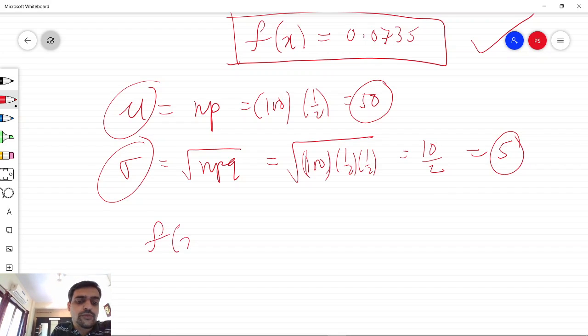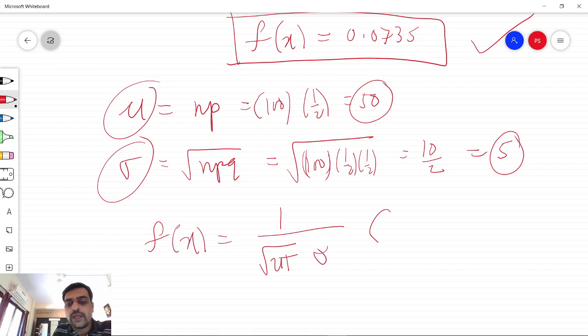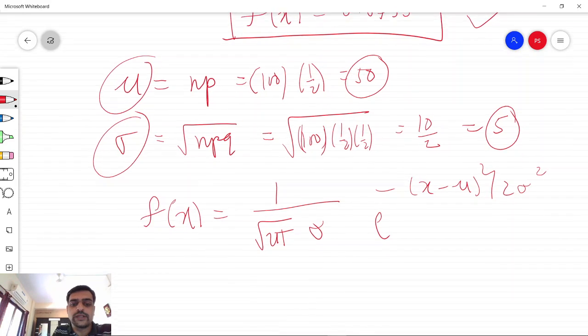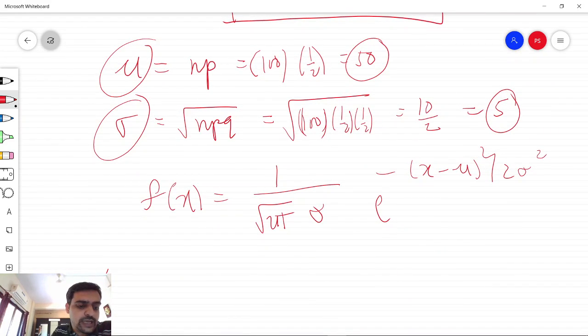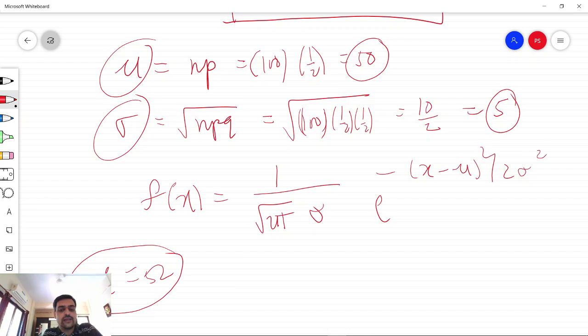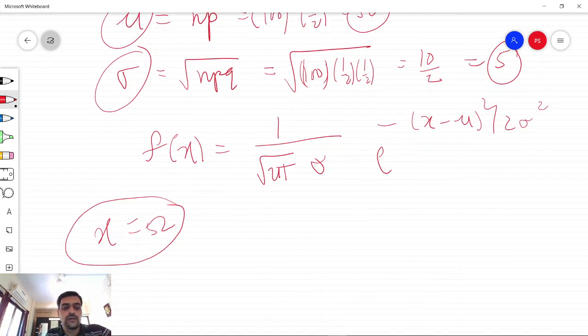And the Gaussian distribution, as we know, is f of x equal to 1 upon root 2 pi sigma, e raised to minus x minus mu bracket squared upon 2 sigma squared. So let us just substitute for mu and sigma and x. Our x value in this case is 52, because we are asked to find out the probability corresponding to exactly 52 heads.